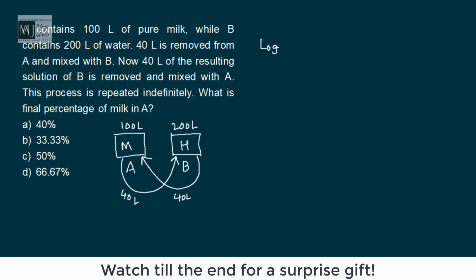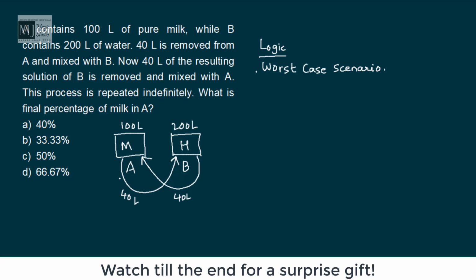We'll use a bit of logic here with magic. The logic is worst case scenario. This will help us out in framing what will happen in infinity. Suppose instead of transferring 40 liters, the capacity of jar B is quite large.